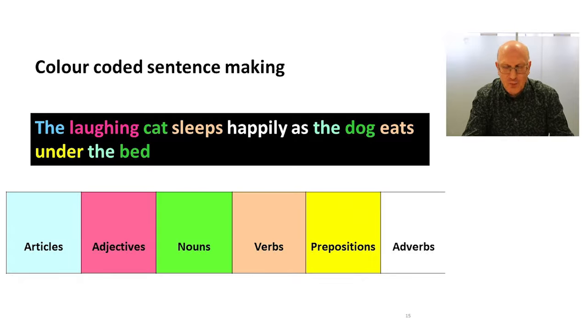And this sentence says: the laughing cat sleeps happily as the dog eats under the bed. Now, what happens is the number of learners, one word for each learner, come to the front, and they've probably seen the sentence on the board, and then you take that away. You rub it off, and then they have to come up and make the sentence physically in the order of the words, and people get it.